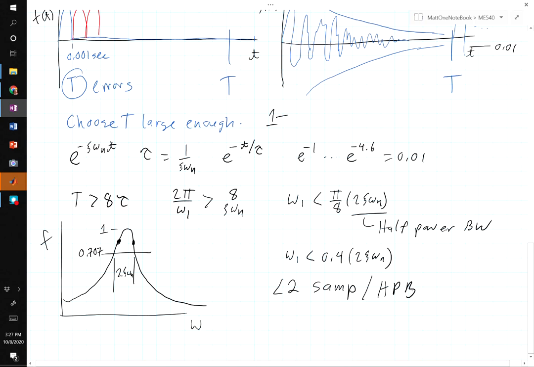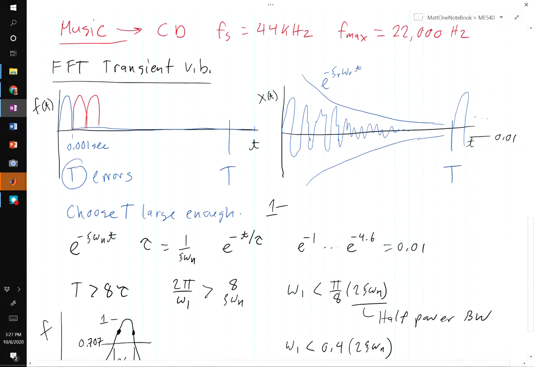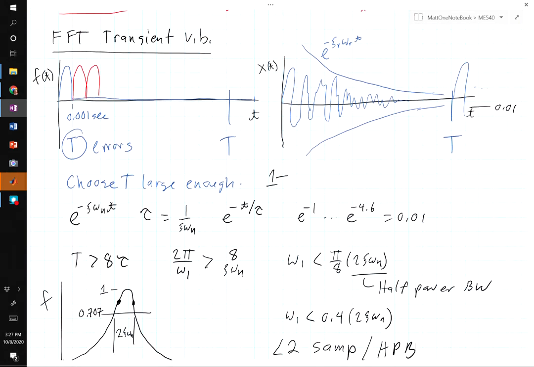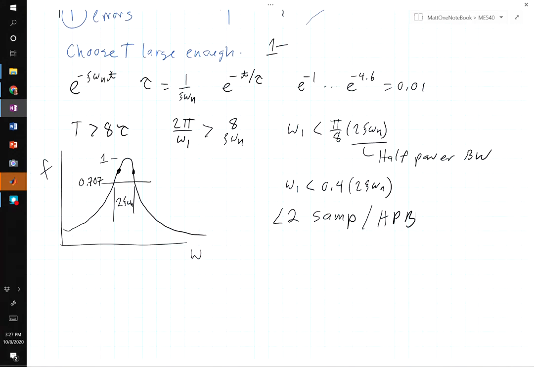So this is just something really beautiful about the mathematics of the Fourier series: if we think about an FFT in the time domain and wanting to capture the response until it decays to 0, in the frequency domain, that's exactly equivalent to saying that when I define this frequency response function, I want to have enough points to be able to resolve the peak. And those two criteria go hand in hand.